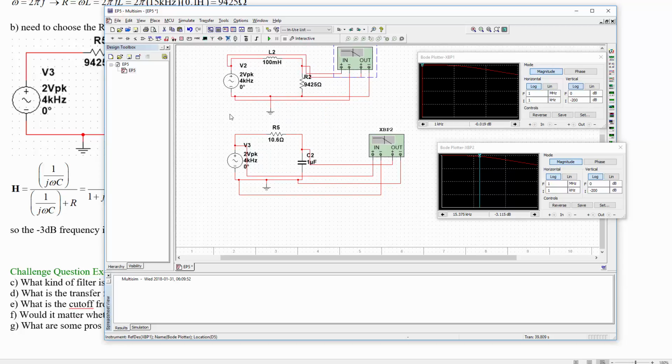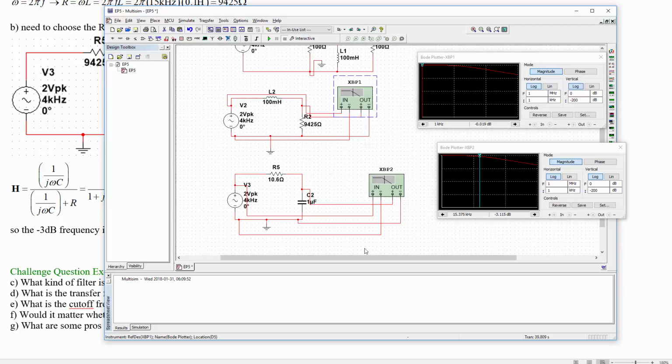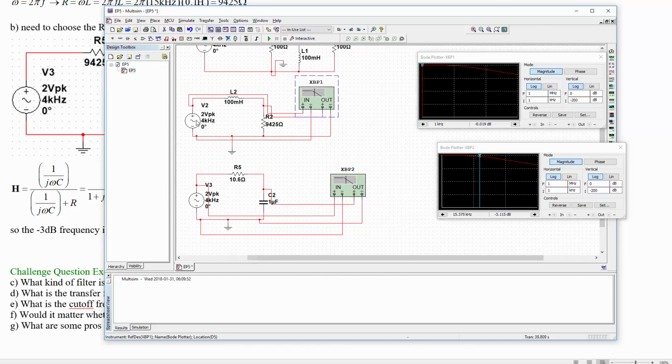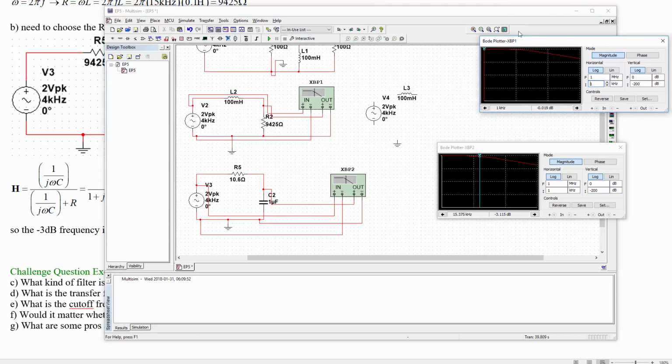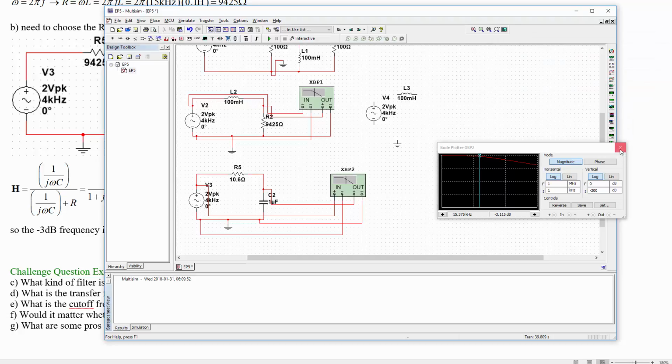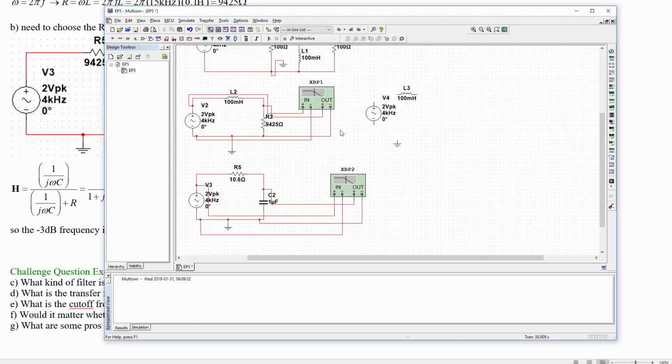Let's just copy components here. We're going to take our L there, and then the same R value that we've got. This is the output of the first filter. We're going to use that rather than the voltage supply as the input for the second filter.